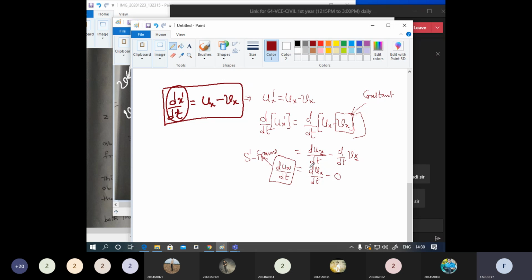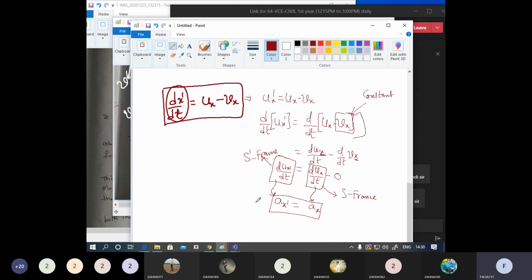Now what is this? The acceleration, the rate of change of velocity, in the S frame or the first frame. So you can simply conclude a x prime equals ax. The acceleration in the second frame is equal to the acceleration in the first frame.